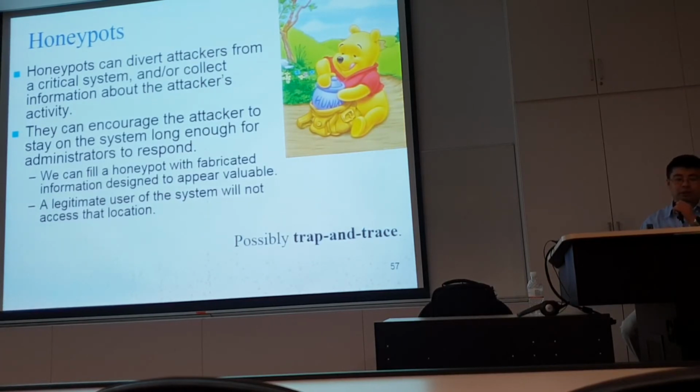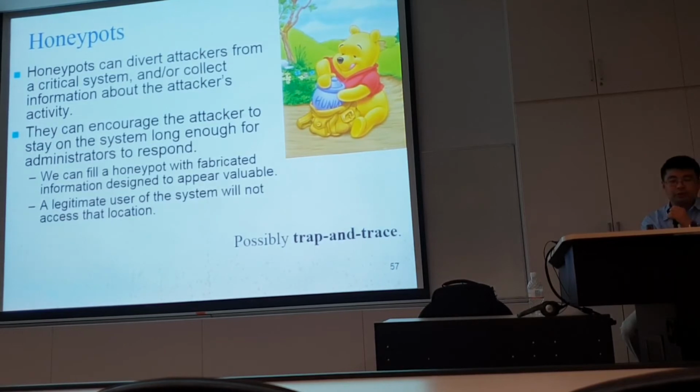Only intruders who don't know this is a fabricated system would. So if we identify any communication with this honeypot, we know something is wrong. We can raise the alarm and try to find out who is trying to connect to this honeypot, right?